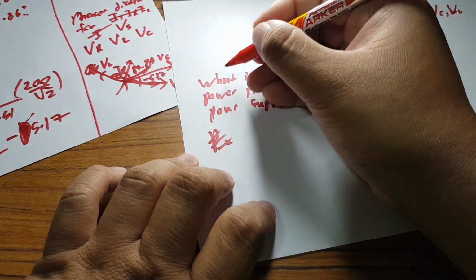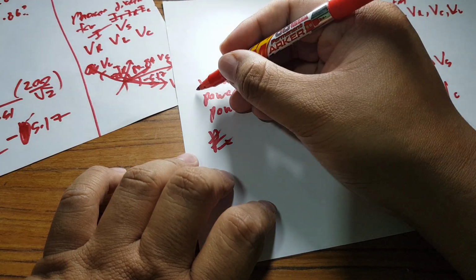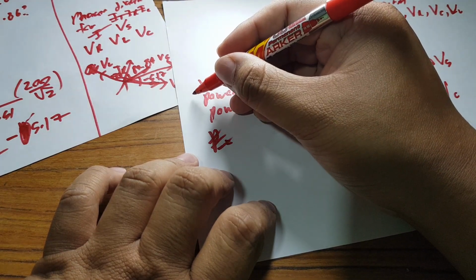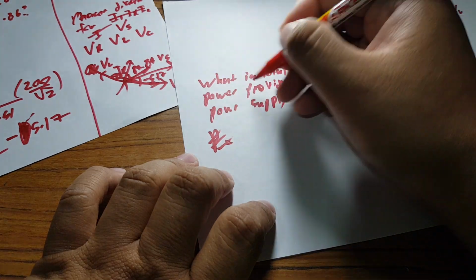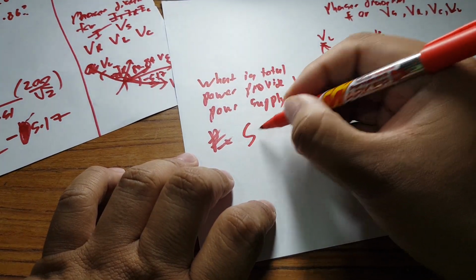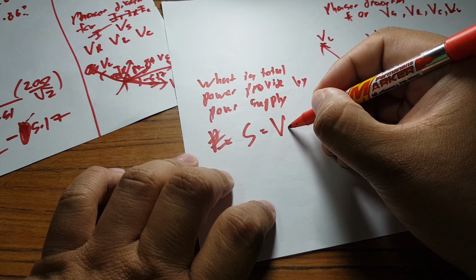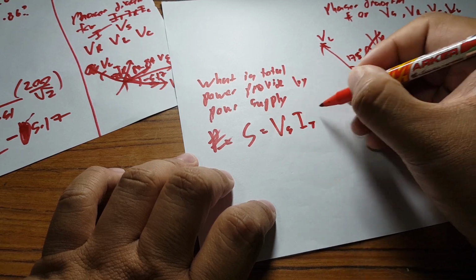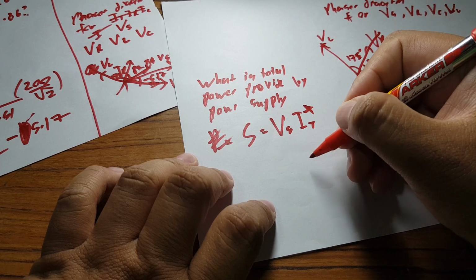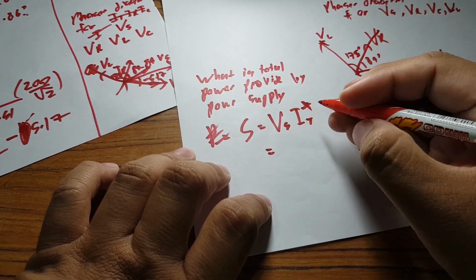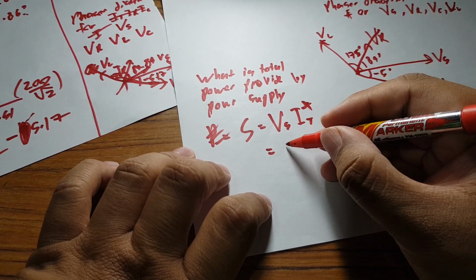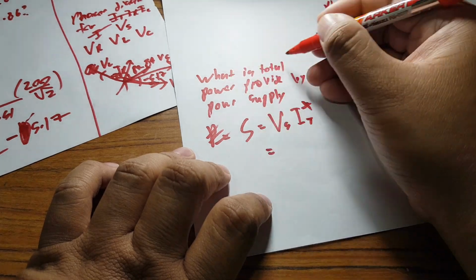So they will ask either real, reactive or apparent power. So this one, usually just S is equal to Vs I total, okay. So this one you get. So depend on the question.